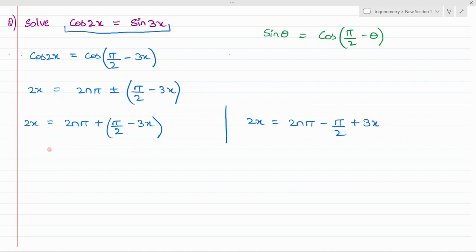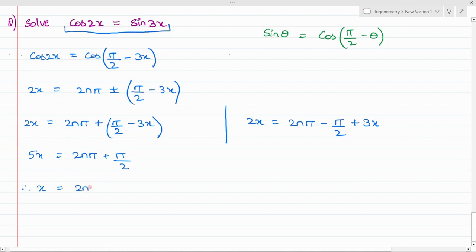Now we can write this as plus 5x is equal to 2n pi plus pi by 2. From here we'll get x as 2n pi by 5 plus pi by 10, where n belongs to all the integers.